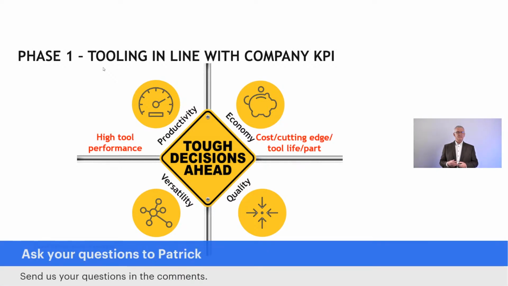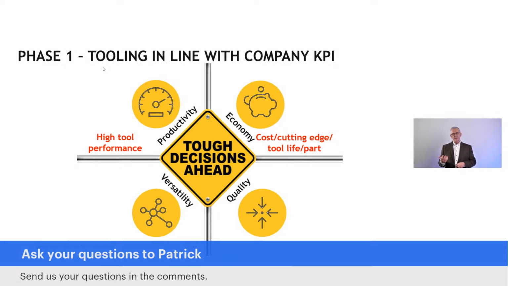And if I try to translate this now a bit towards tooling, if productivity is your key thing, then you need cutting tools with the top performance. A little bit, and I put it black and white now, whatever it costs, make sure you have top performing tools from a time perspective.